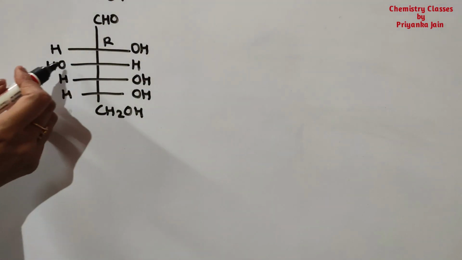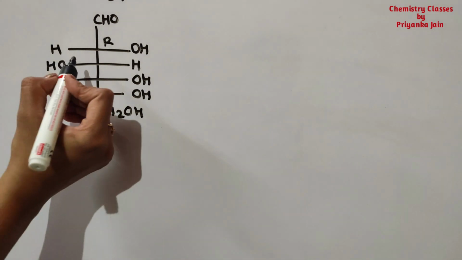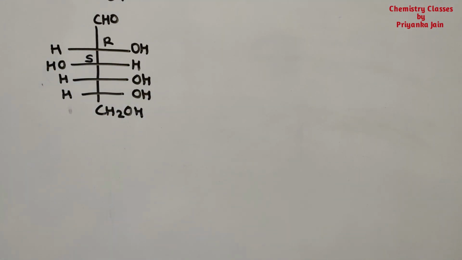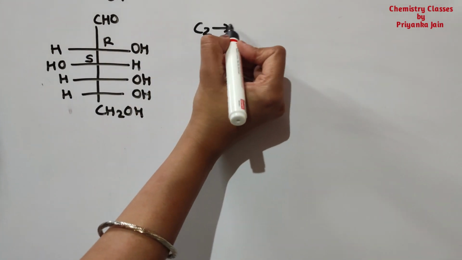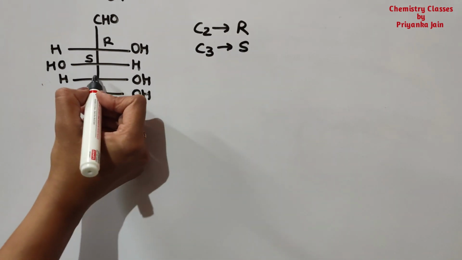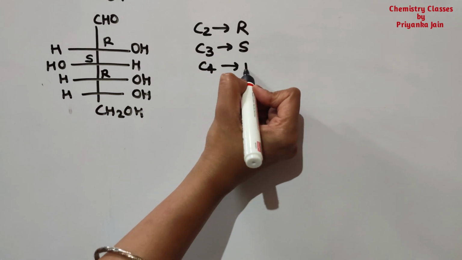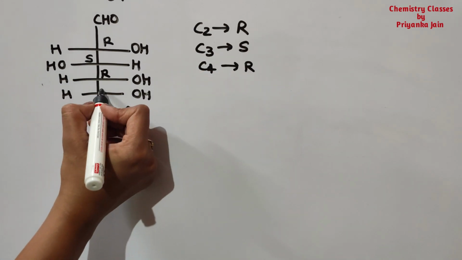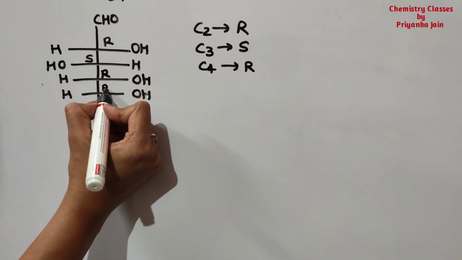And if the OH group is present on the left side, it will be S configuration, right? So here we can say that at the C2 carbon atom the configuration will be R, at C3 the configuration will be S, at C4 the configuration will be R, and at C5 the OH group is present on the right side, so this will be R.